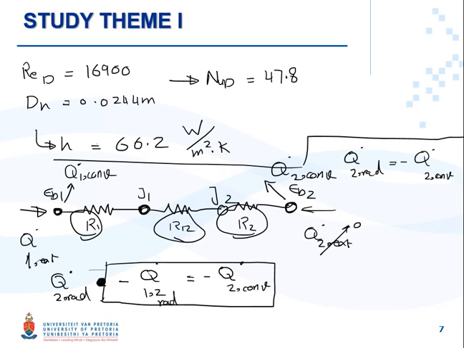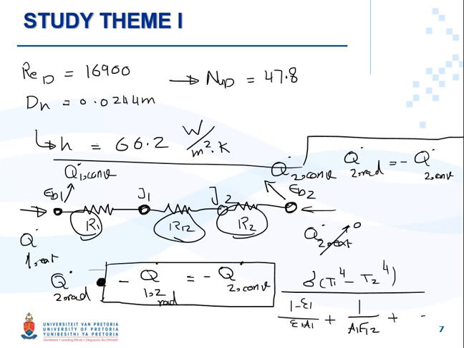So now how can we find Q1 and 2 radiation? Very simple. Sigma (T1 to the power of 4 minus T2 to the power of 4) divided by (1 minus epsilon 1)/(A1 epsilon 1) plus 1/(A1 F12) plus (1 minus epsilon 2)/(A2 epsilon 2).